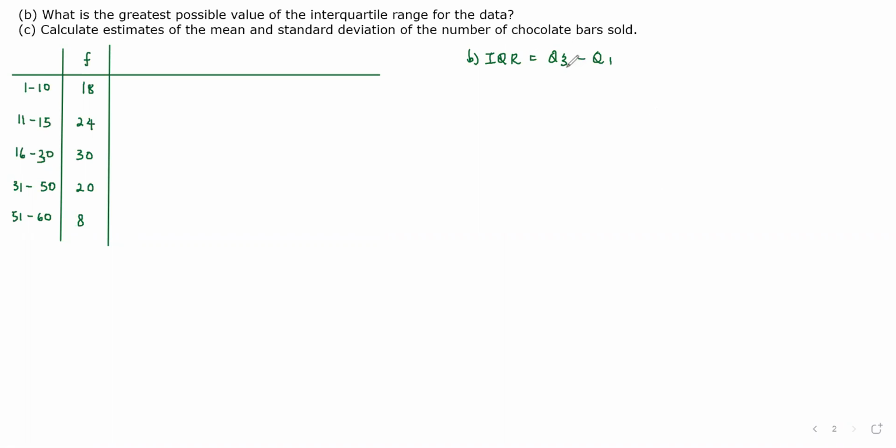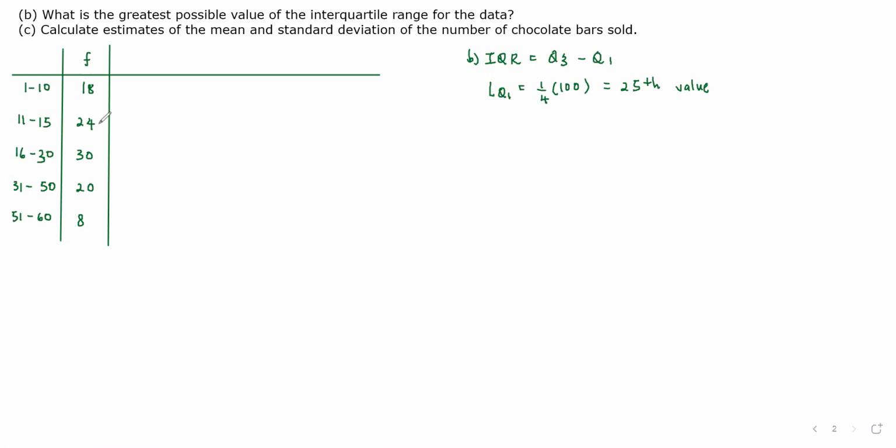To find them, first of all, we must determine the class where the first quartile is located. The location for the first quartile is 1/4 of the number of data values, that will give us 25. So we look at the 25th value.